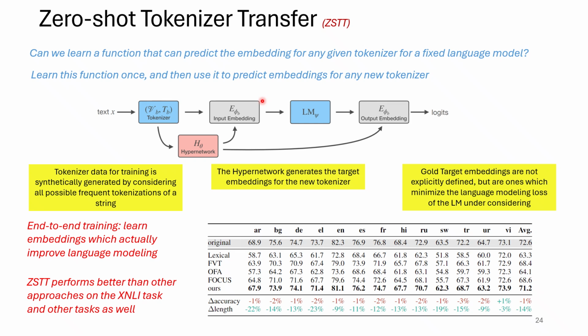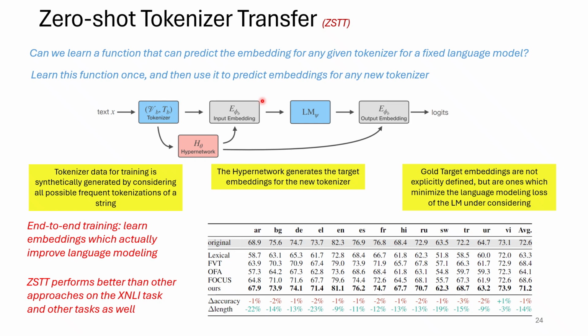In the process, as the language model is trained using causal language modeling, the parameters of the hypernetwork are adjusted so as to get the best embeddings that result in the best loss for the language model. So in a way, you indirectly train the model in an end-to-end fashion to learn the best embeddings that result in the best causal language modeling for the language model of interest.